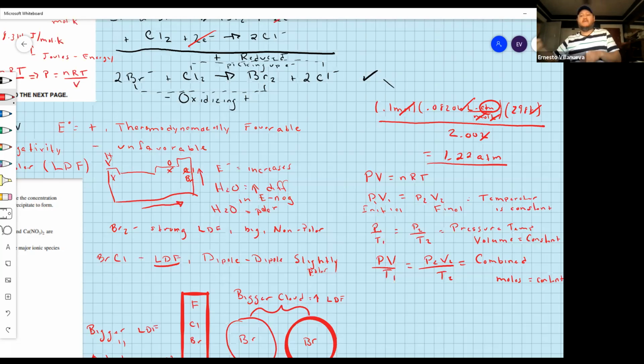You'll have questions that say, if temperature is constant, what would be the final volume if the pressure is increased by this much? So you don't have to memorize these, just know when they're going to be used. Questions so far?